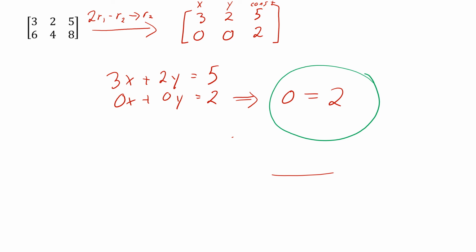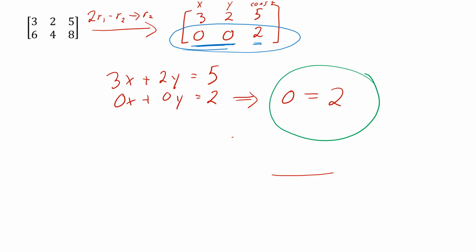My matrix, when I apply elementary row operations, will tell me after I get to a certain point that there is no solution. And what am I looking for? When I hit a matrix with a row where I have all zeros except for the constant.